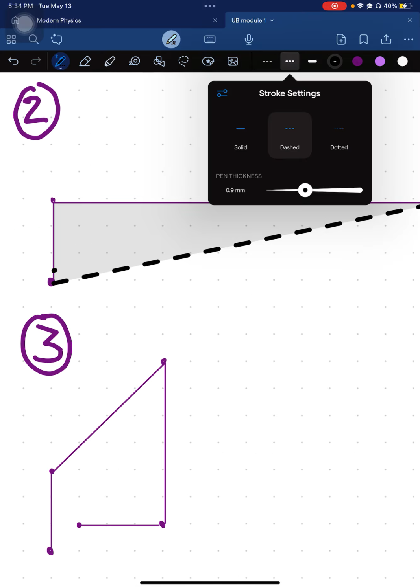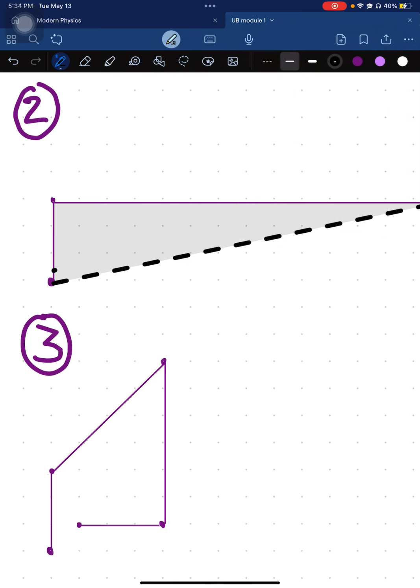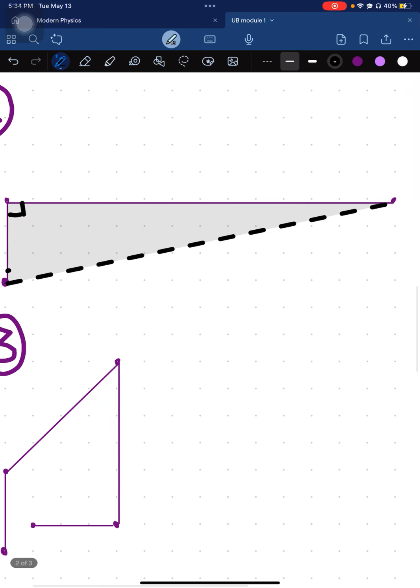So we know that this is a right triangle because this is a right angle right here, and this has a side length of 1, 2, 3, and this has a side length of 14.